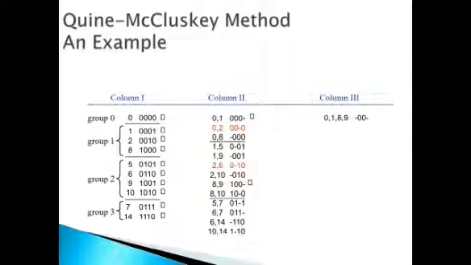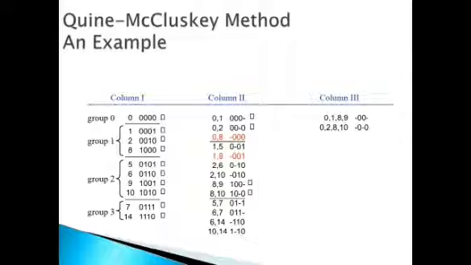We will compare the second element of group 1 with group 2. Here we see the combination of 0, 2, 8, 10. There is a single change of bit, so we will use this combination for column 3.